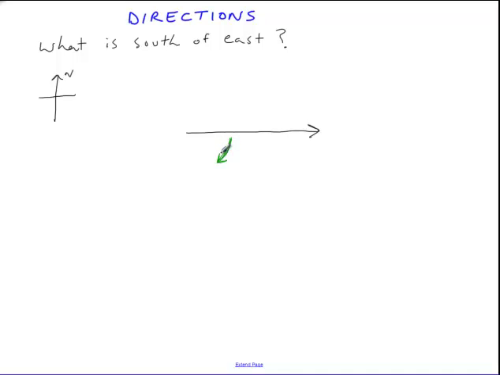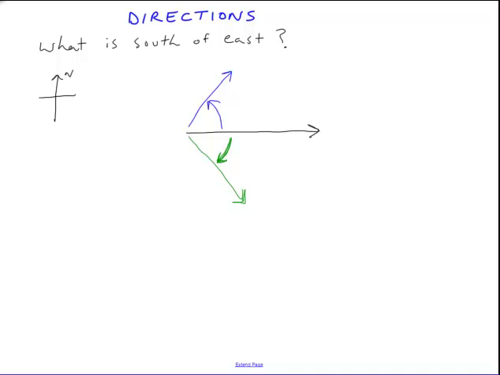We're going down from east, south of east. So your vector would be something like that. What would north of east look like? North of east is up of east. You're going in this direction, so your vector would be something like that. And you can have any combination of these.